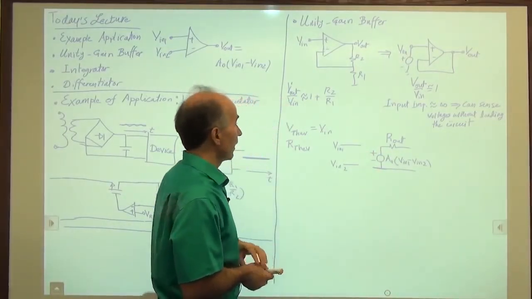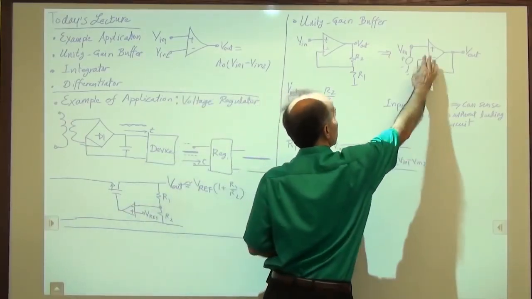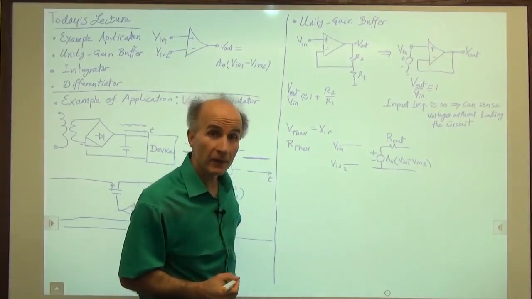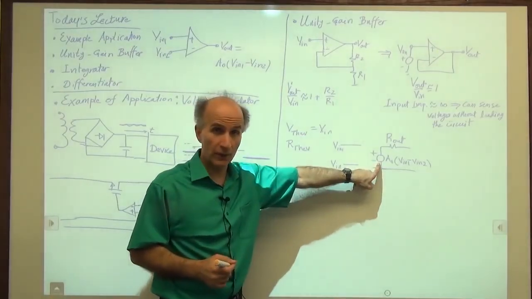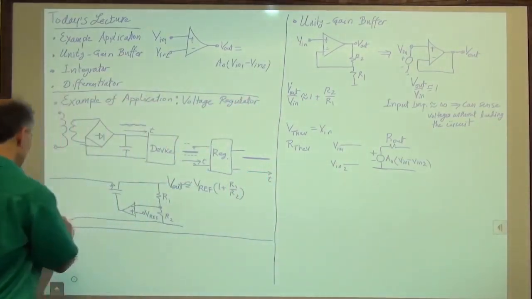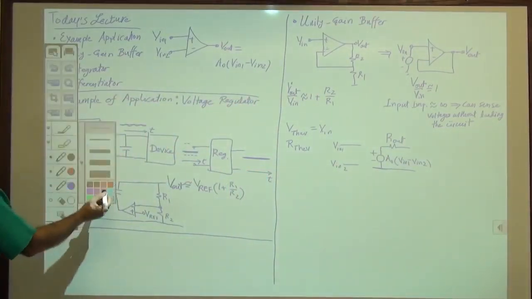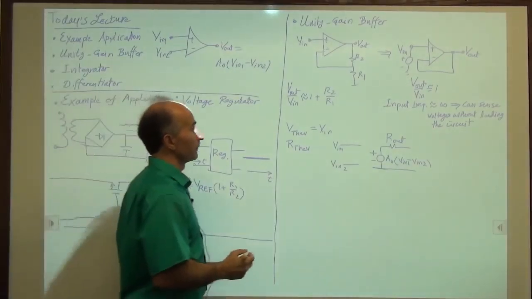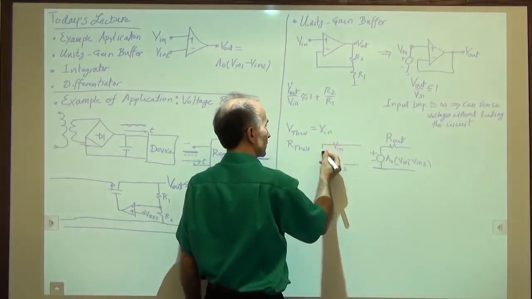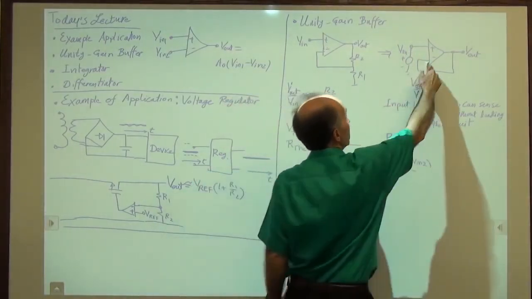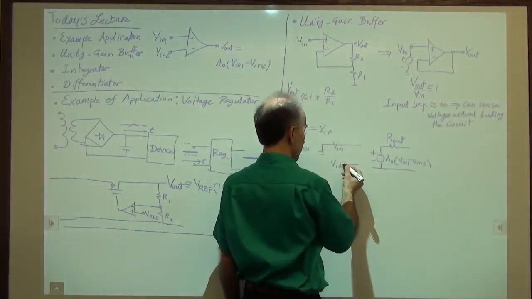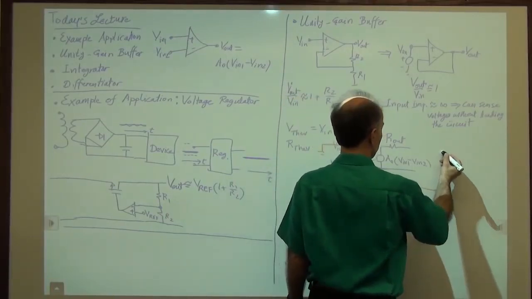All right, now I am still trying to find the Thevenin equivalent of this whole system, right? And I have to set all independent sources to 0. This does not go to 0 because it's a dependent source. Okay, so now V in 1 is set to 0. V in 2, the inverting input, is connected to the output.